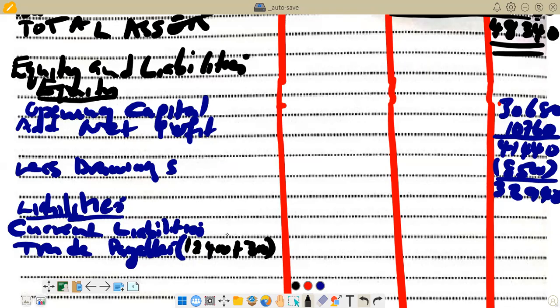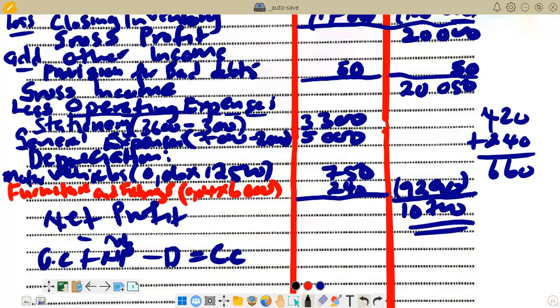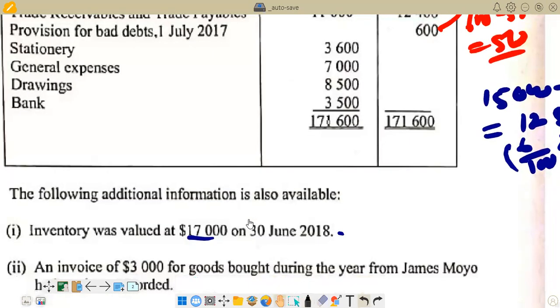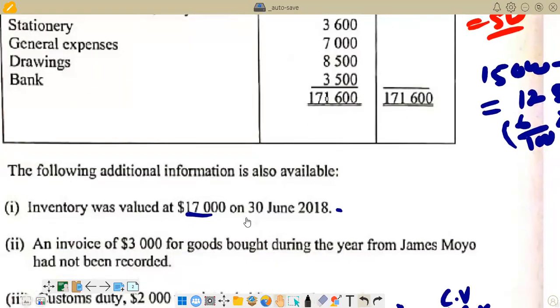Let's recheck the figure for trade payables to see if it's correct. The figure for trade payables is 12,400. And then what do we have in terms of the figure that was omitted? It's 3,000.